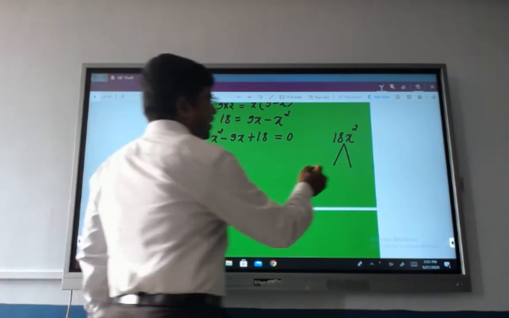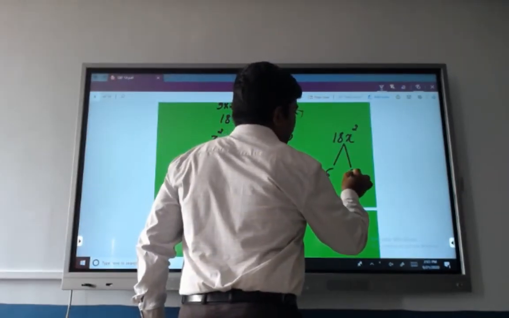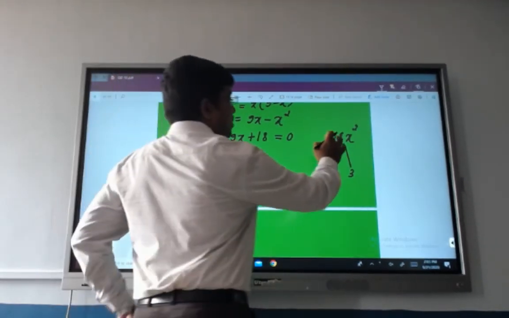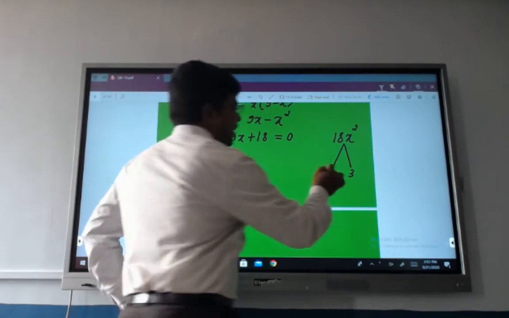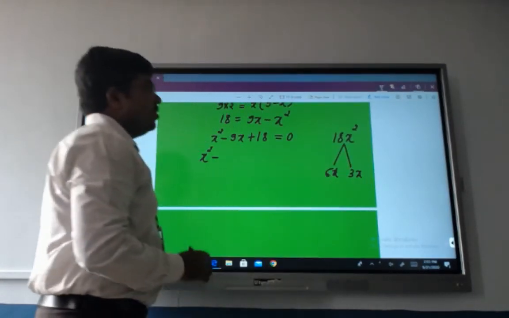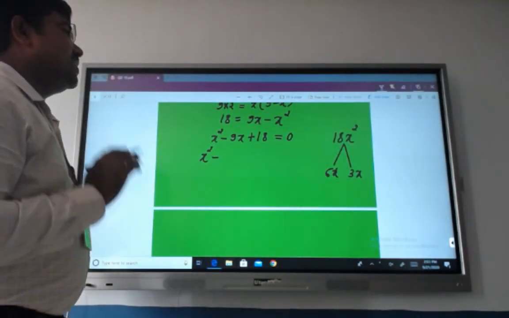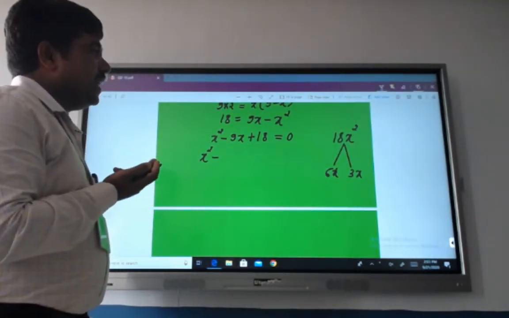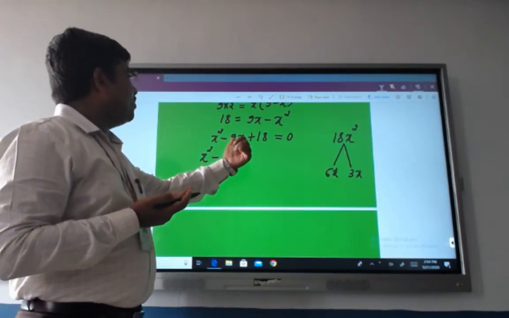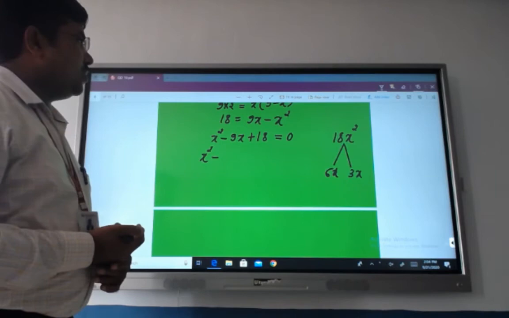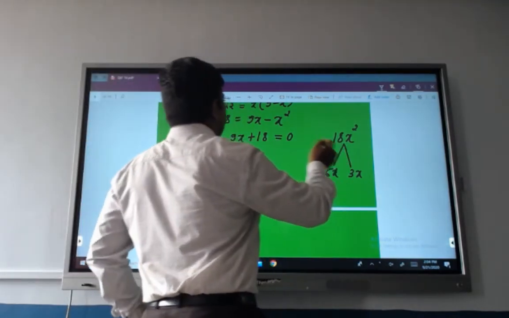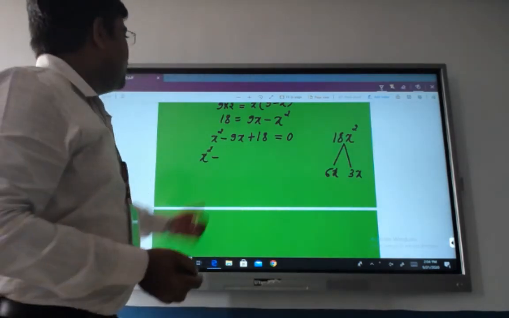So what can we take here? 6 threes are 18. Then x and x. 6x plus 3x gives 18, but here we need minus 9x.